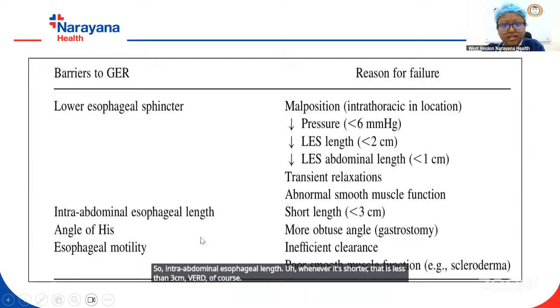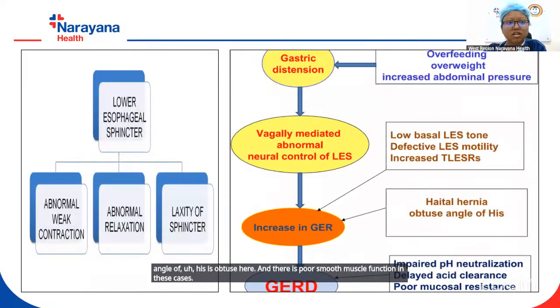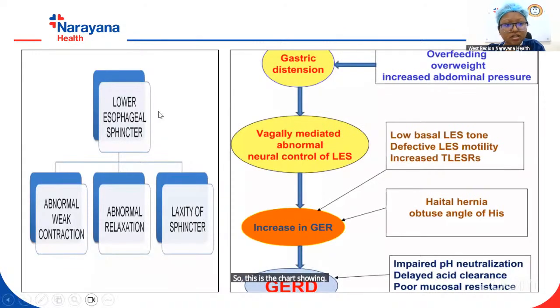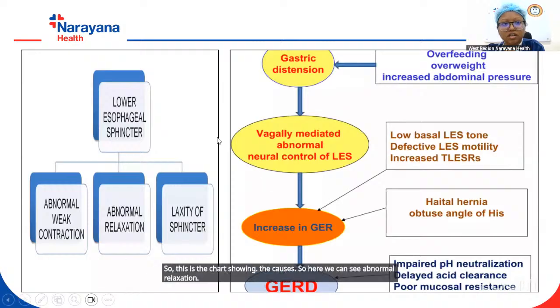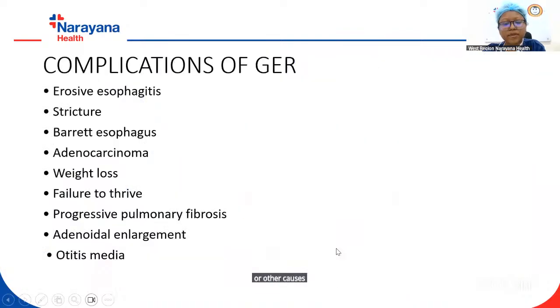The angle of His is obtuse here, and there is poor smooth muscle function in these cases. This is the chart showing the causes. Here we can see abnormal relaxation and laxity of the sphincter causing GER. Also, hiatus hernia increases the chances of GER, and poor mucosal resistance and delayed acid clearance are other causes.